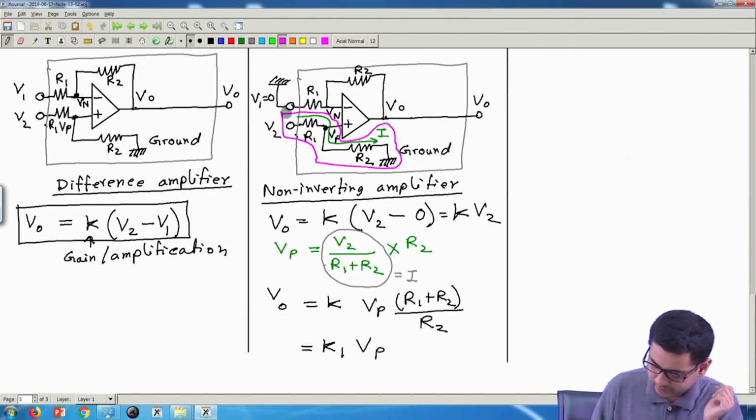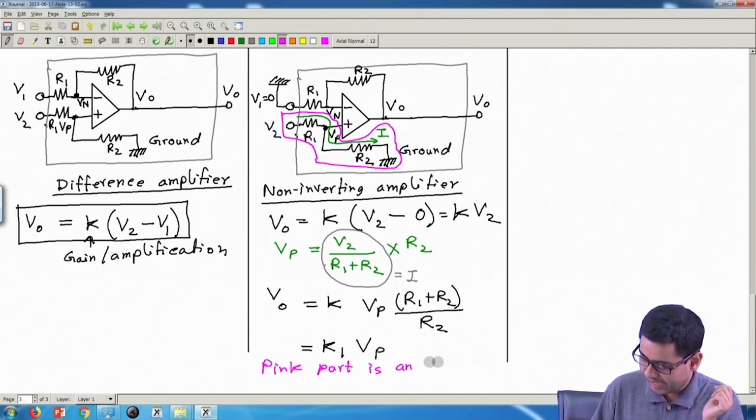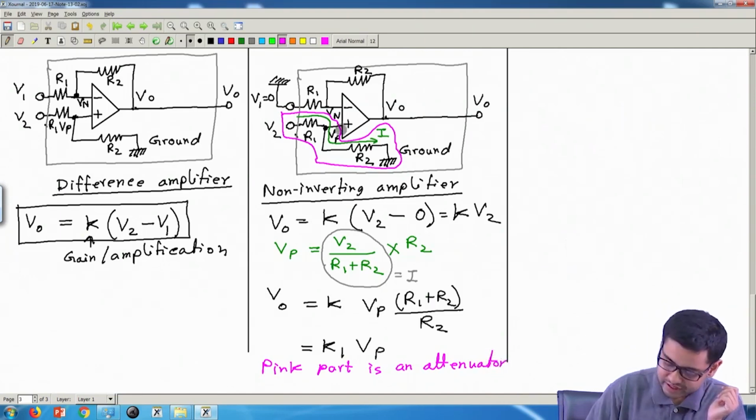This pink part is an attenuator, and the final output is V2 multiplied by the attenuation and the gain.